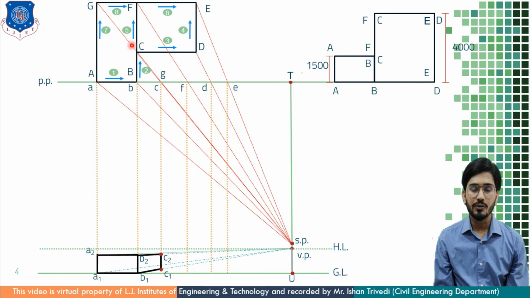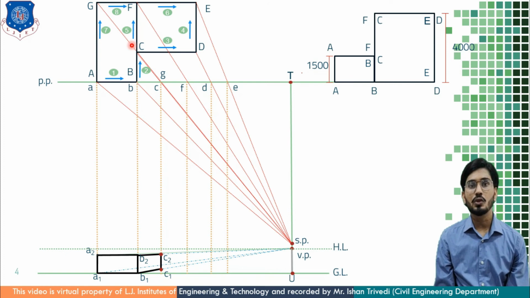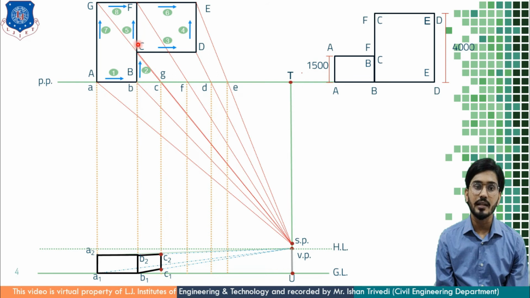So what I'm going to do, I have to go to the nearest point which is resting on picture plane, and here in C case I will put a point which is B point, and mark the height of 4 meter from B, because from B point only I am getting true height, and the C point's nearest point is only the B point, whose actual height is 4 meter.